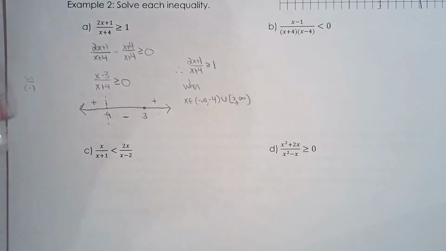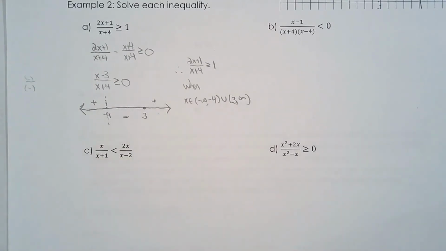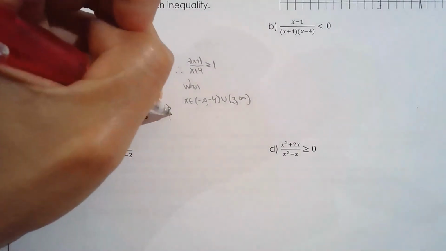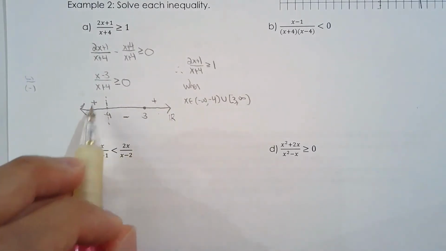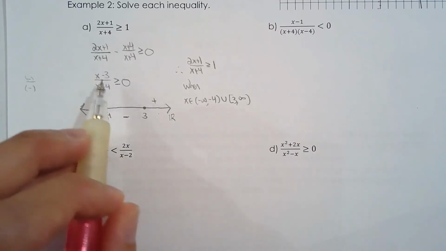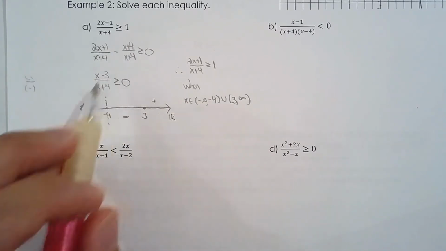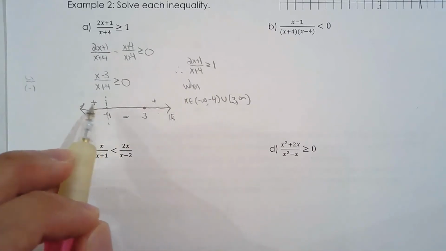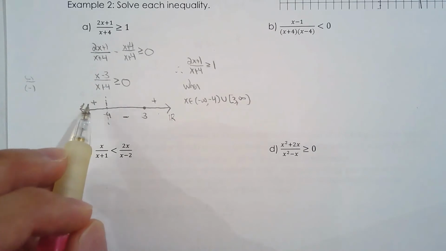Solve the inequality. All right, so the way I draw my number lines is I count the factors. Well, at first I create the intervals using the x-intercepts or the zeros and where it's undefined. And then I basically count the factors and I know whether the first interval is positive or negative.